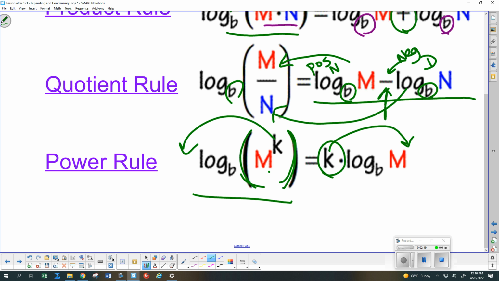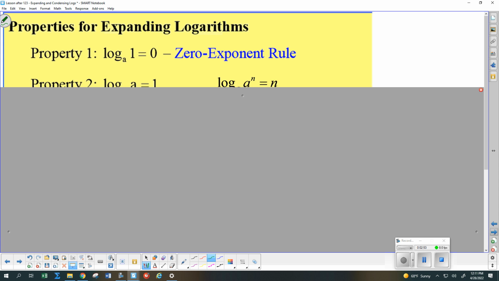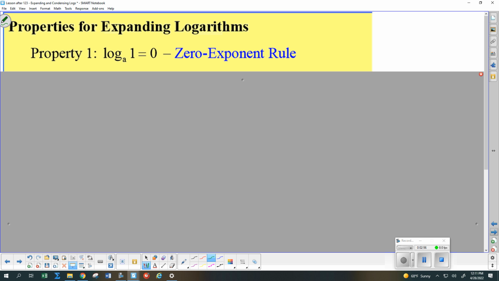Thumbs up, thumbs down. Okay, this slide kind of builds on that just a little bit with a couple of extra things. Log base a of 1 would be 0. Because if I said, I don't know what the log base a of 1 is, so I'm going to name it x, and then that means in exponential form, a to what power is 1?